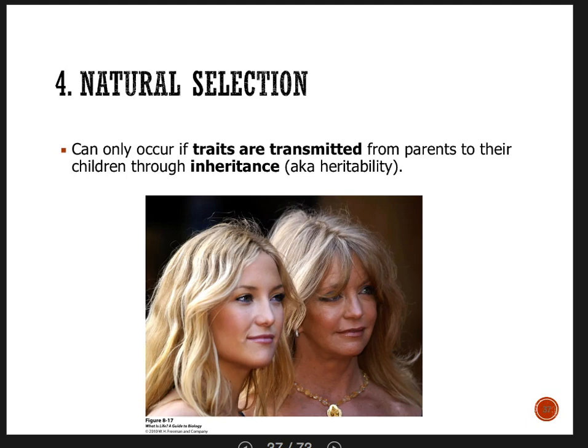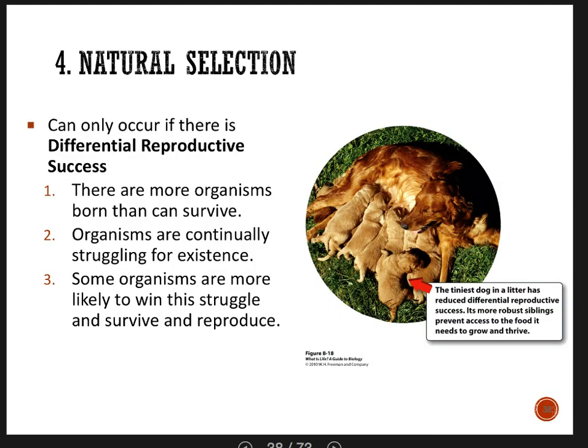Everyone knows that children resemble their parents, from their appearance to their behavior to their temperament, so it's kind of enough to know that this is a genetic quality. So heritability.